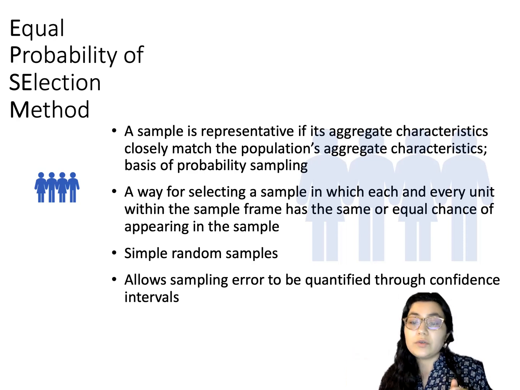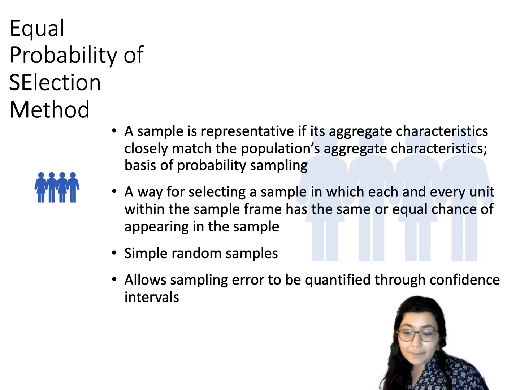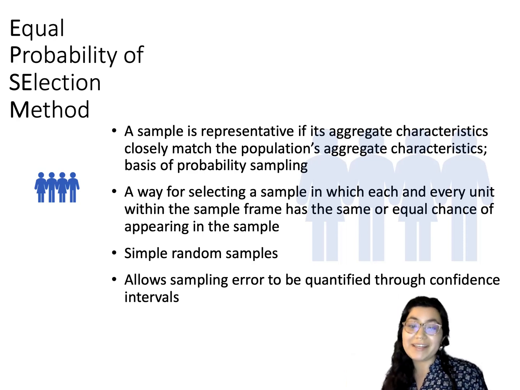And so that's why we take on specific sampling strategies, which we'll get into in the next couple of slides. And so what happens when we allow equal probability of selection method, which means simple random sampling. So that means if there's equal probability, then there's a randomness that occurs for the population.